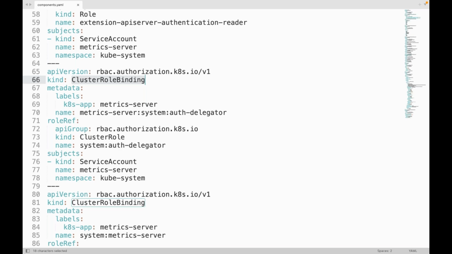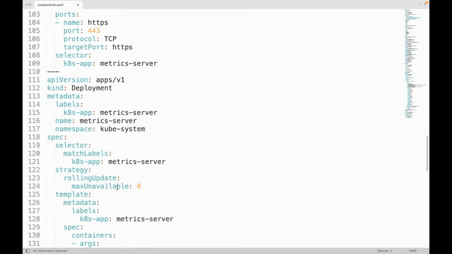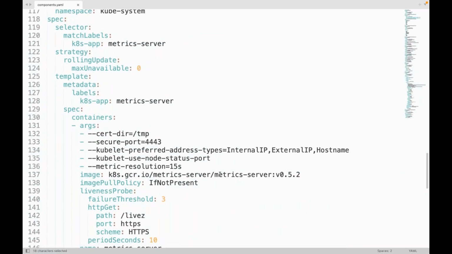Without giving permissions to that application, will it be able to get how many nodes and how many pods are there in the cluster? Without permissions, will that application be able to access anything in the cluster? No. This is an internal application that requires talking to the Kubernetes APIs.